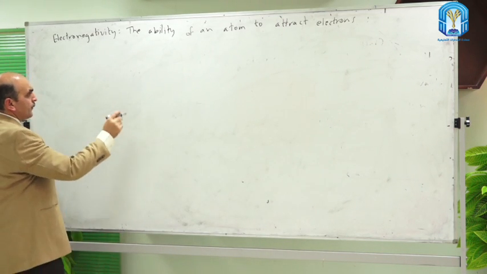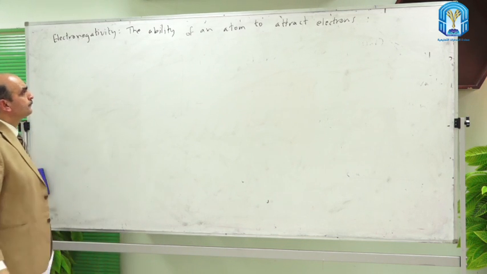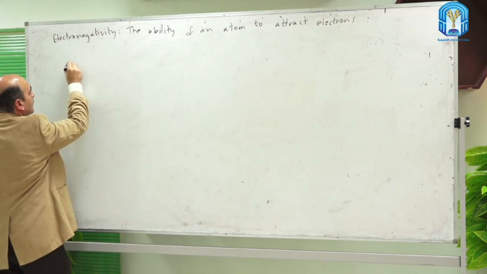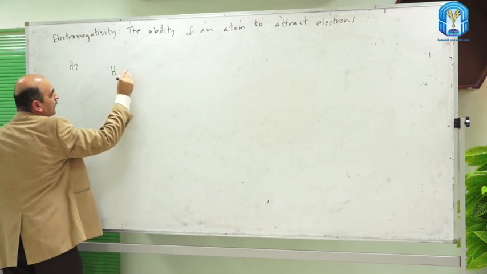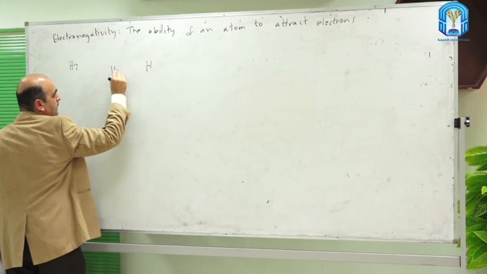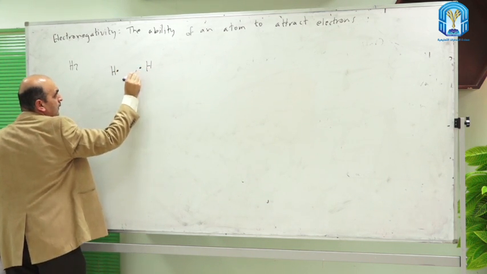If we take, for example, a covalent bond between hydrogen gas, H2, between hydrogen and hydrogen, each has 1 valence electron.